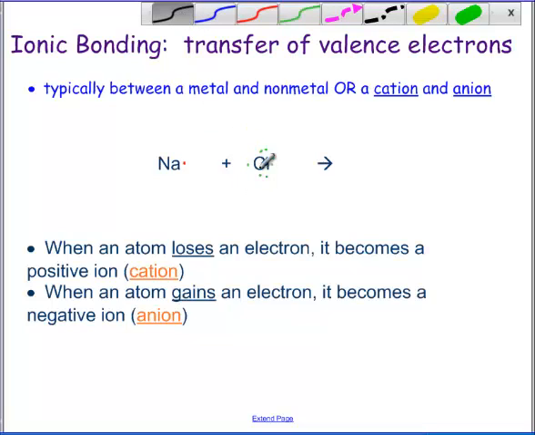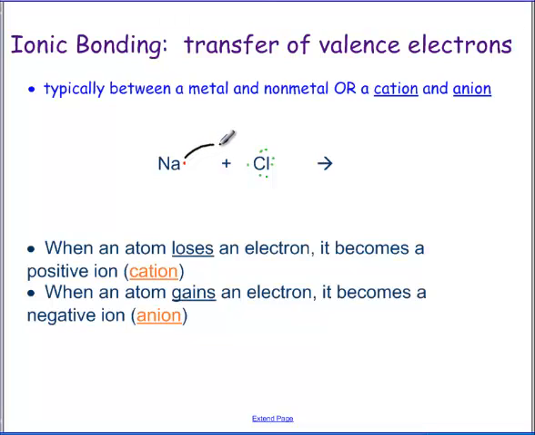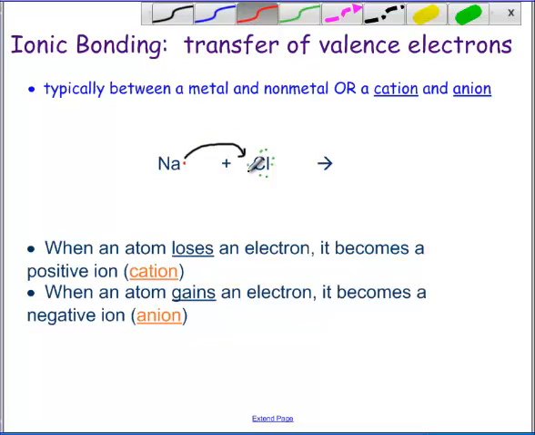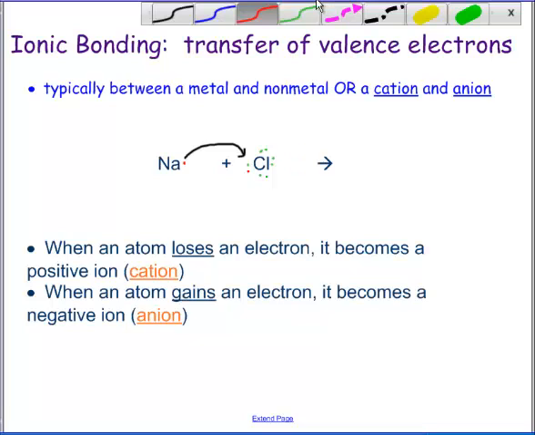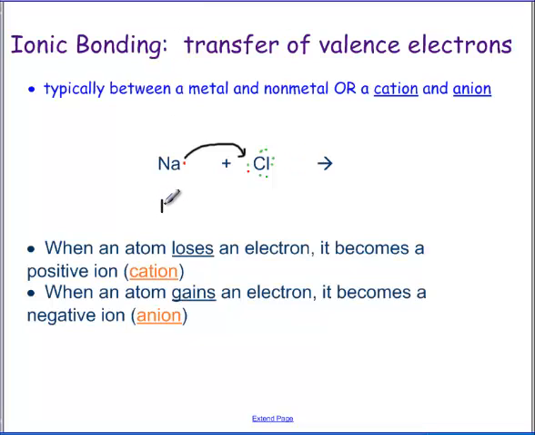Sodium has this extra electron, chlorine wants another one, and so what happens is that this electron from sodium gets transferred over to chlorine. And when that happens, we get ions forming. Sodium, because it lost an electron, becomes a positive ion, or what we call a cation. Chlorine now has an extra electron, and so it has a negative charge, which we call an anion.